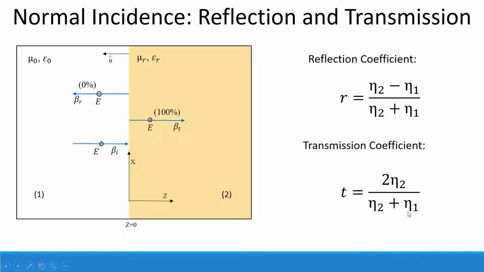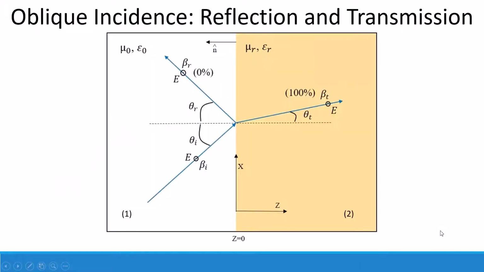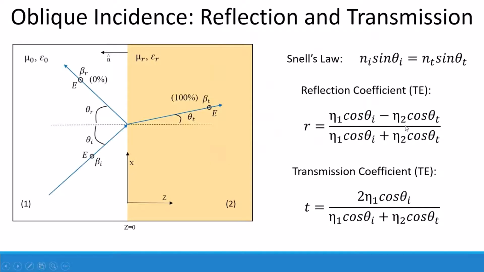So now moving on to the oblique case, we again want 100% transmission, 0% reflection. However, now we have angles to consider. So we'll now have to consider Snell's law, and the reflection and transmission coefficients get a little bit more complex here.